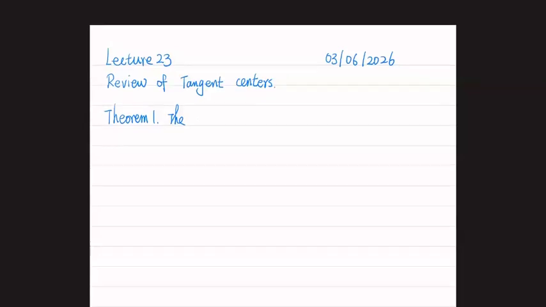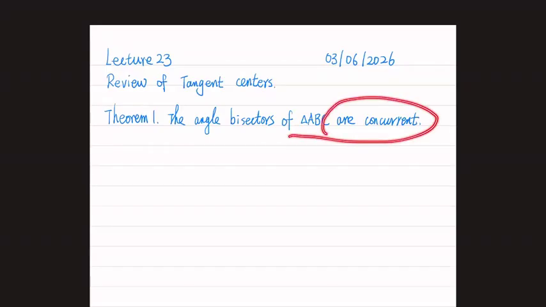The angle bisectors of any triangle are concurrent. We defined this point of concurrency as the incenter.